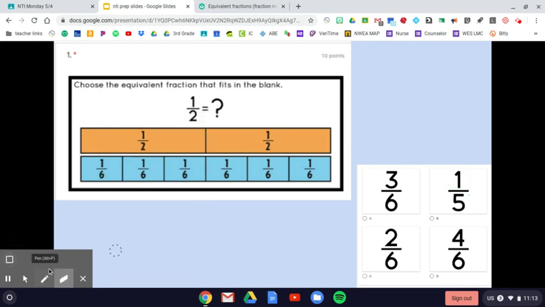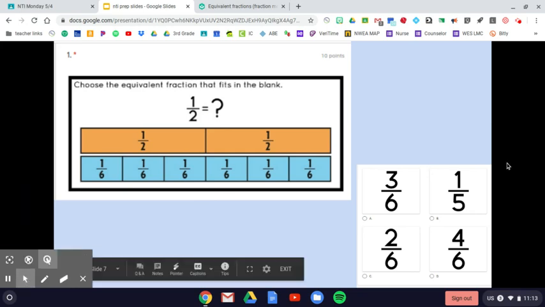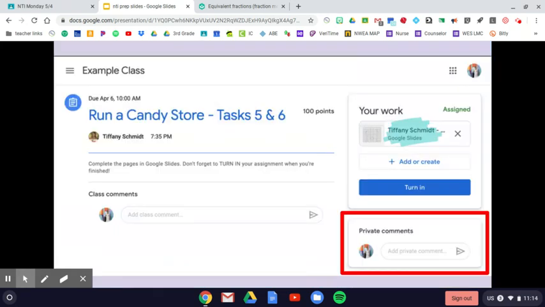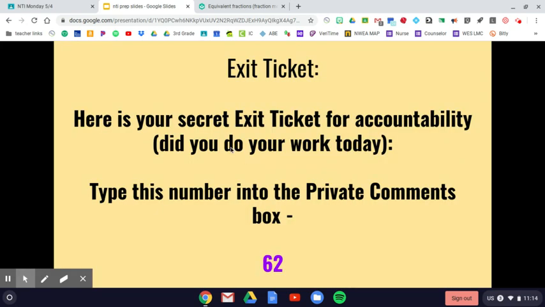That's Tuesday's activity. For Monday's activity, today, you will have an exit ticket left. Your exit ticket, I wanted a really cool equivalent fractions exit ticket, but some of the devices that we use make typing in the fraction bar hard or difficult to do because we have different keys. So I'm just going to go with a secret exit ticket for your accountability.